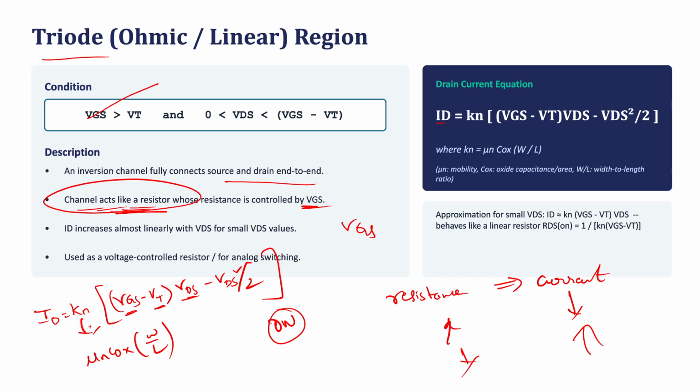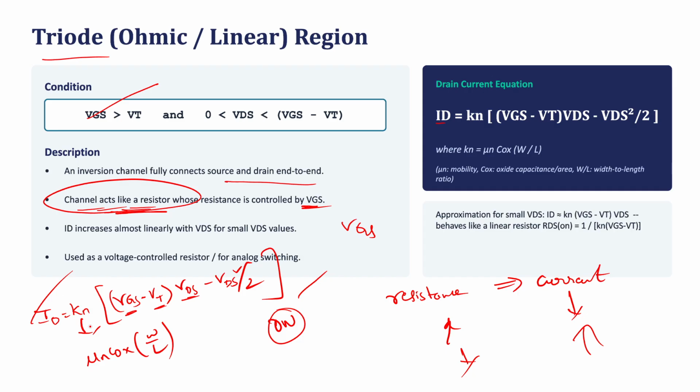The approximation for small VDS behaves like a linear region. So ID is equal to Kn (VGS minus VT) VDS, and RDS on is equal to 1 by Kn (VGS minus VT).